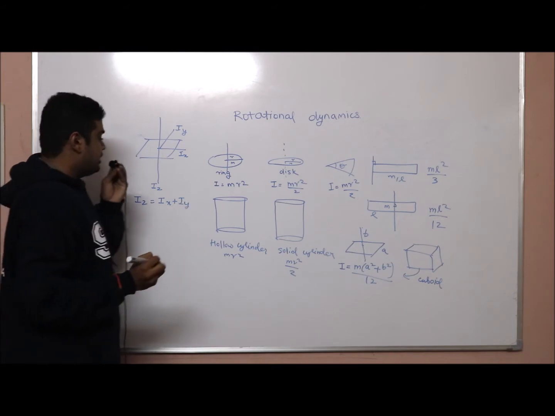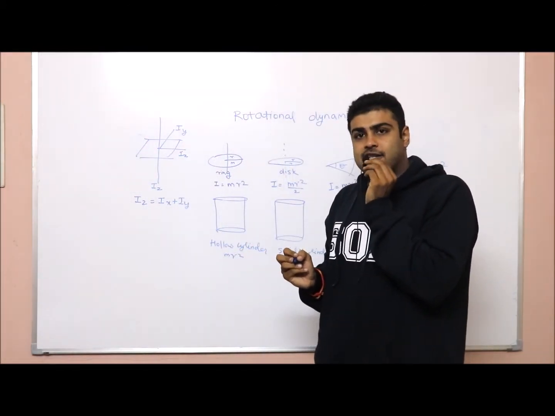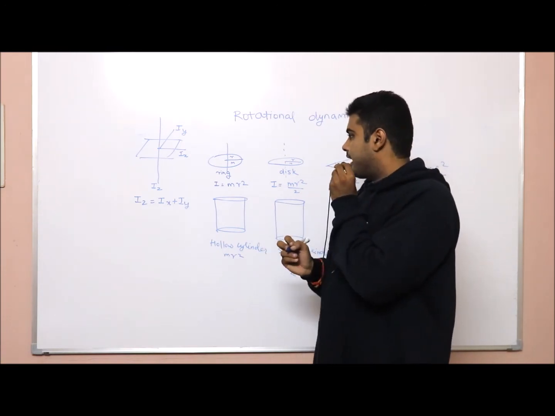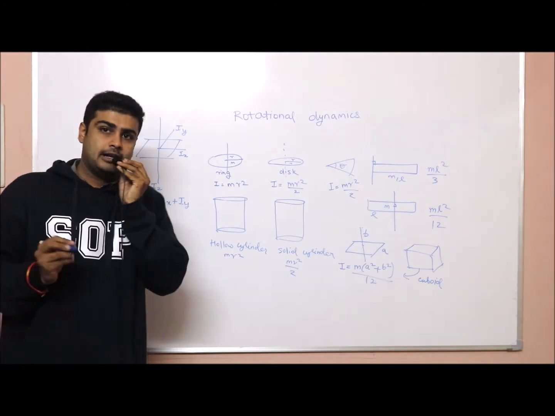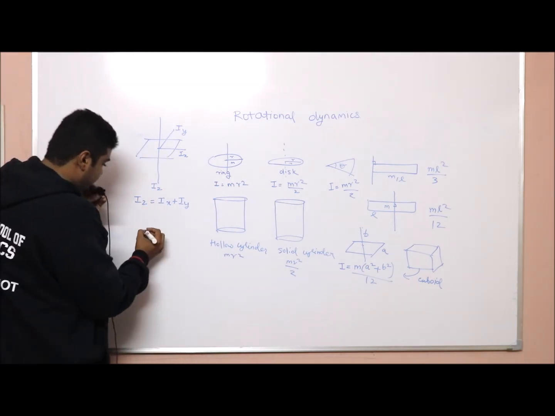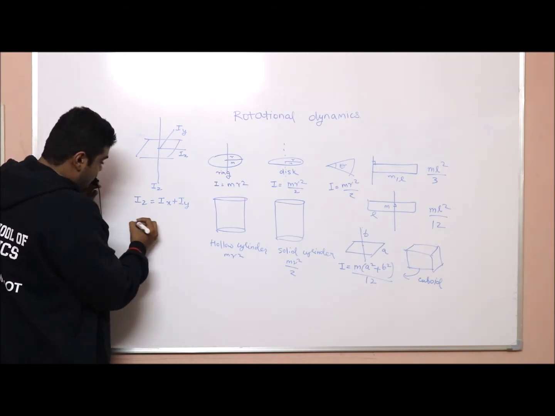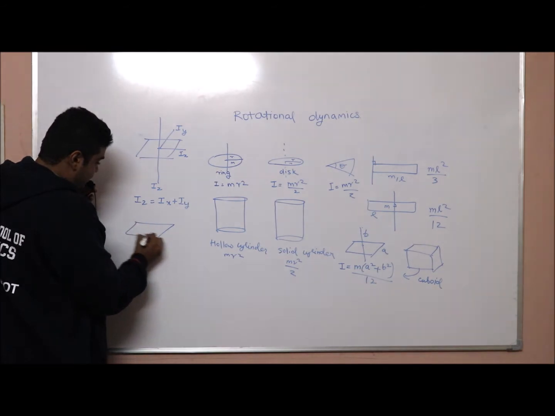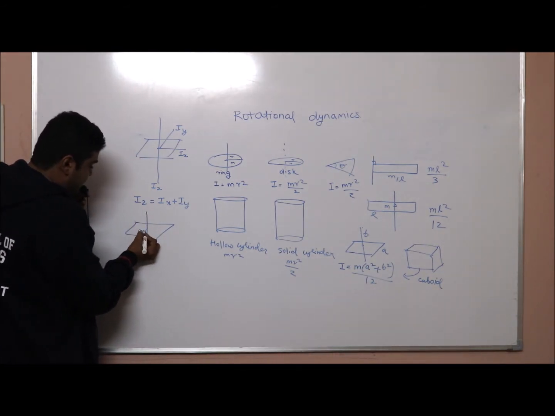This theorem is called the perpendicular axis theorem. Now the next theorem that I am going to tell you is the parallel axis theorem. Suppose you have the same plate, and this is the center of mass of the plate.